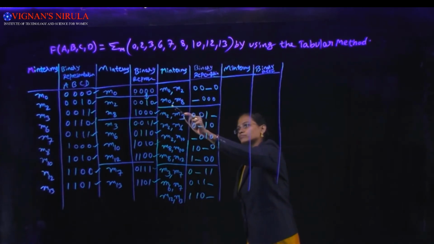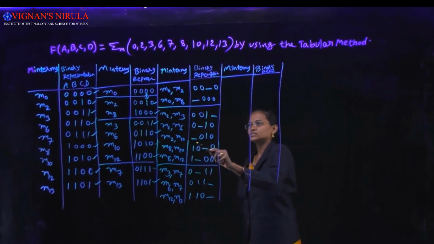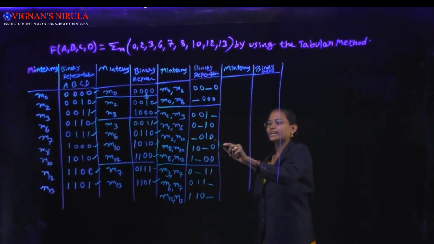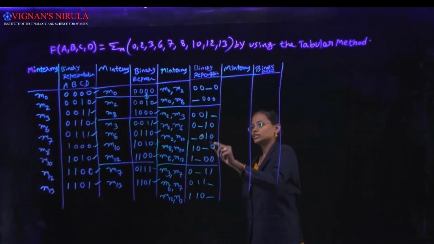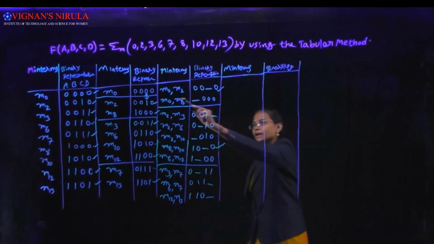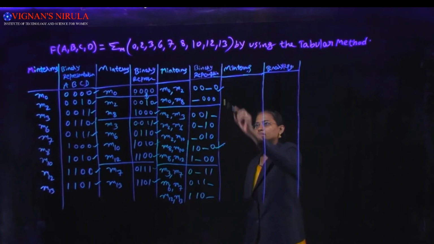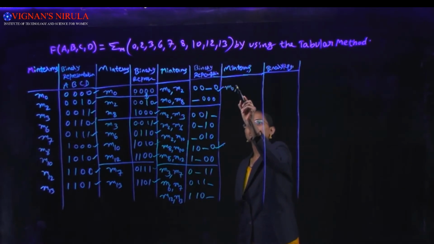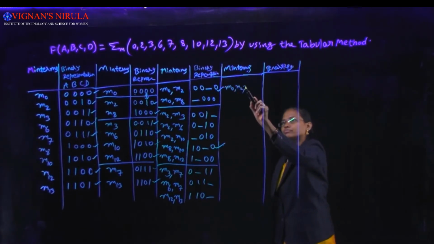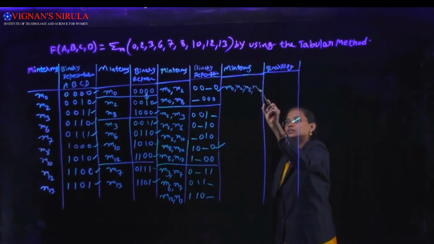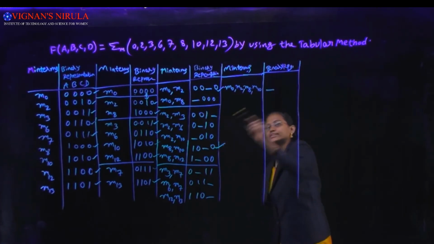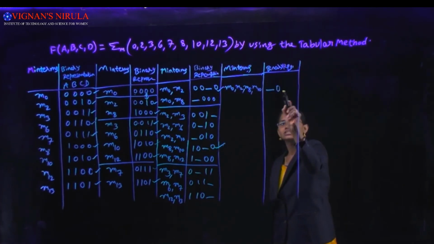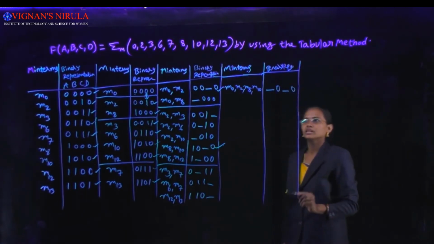And next 2 and 10, 0 dash 0 0 1 dash, so don't write. And next 0 to M10, 1 0 1 0 0 dash. And here M0 and M2 and M8 and M10, here we write down the minterms M0, M2, M8, M10. Here 0 1, that is dash, and 0 0 and dash dash and 0 0, it is completed.